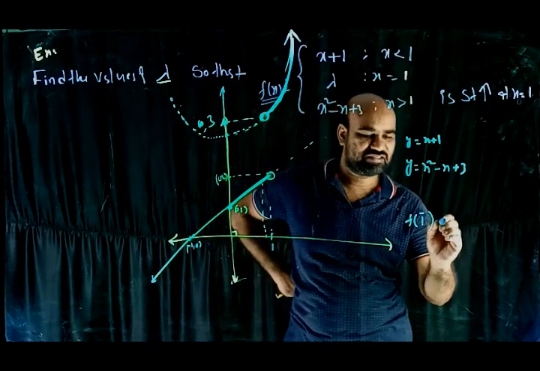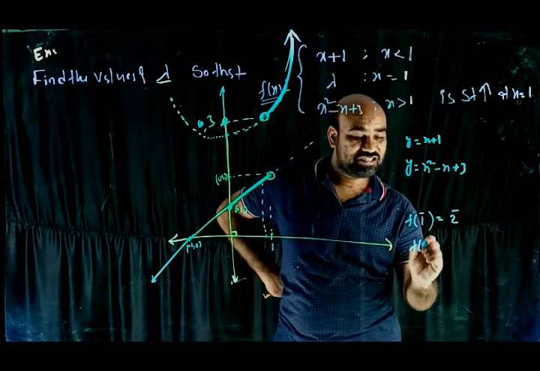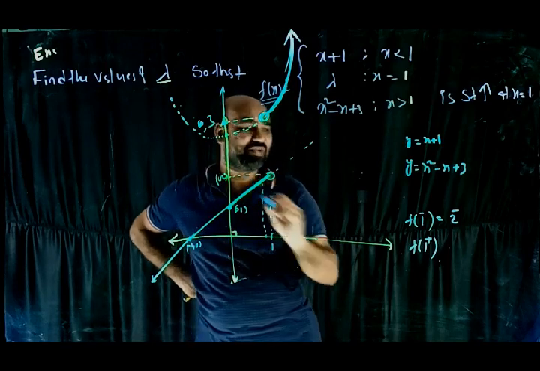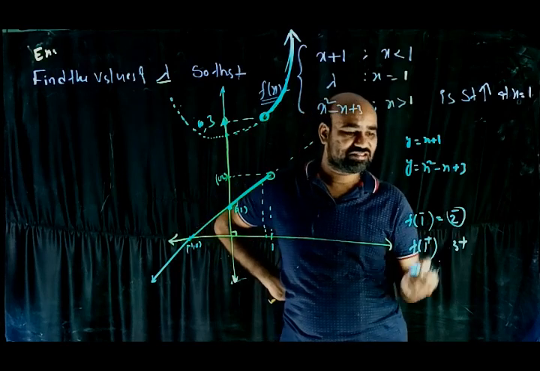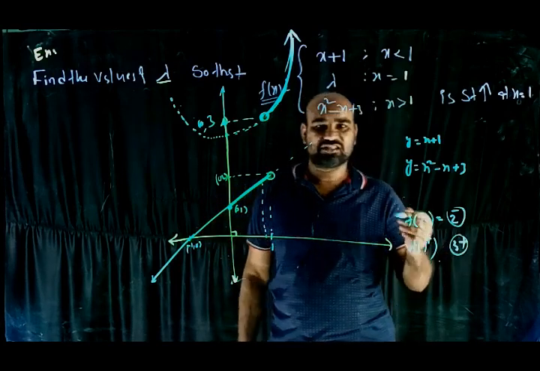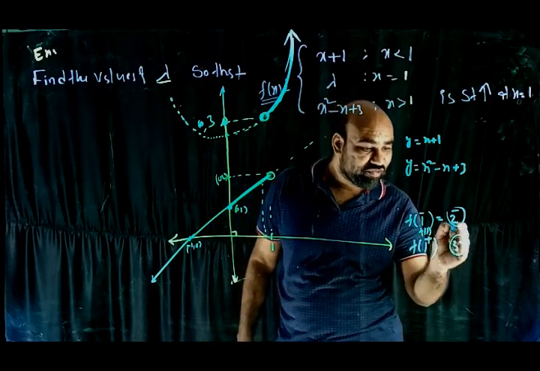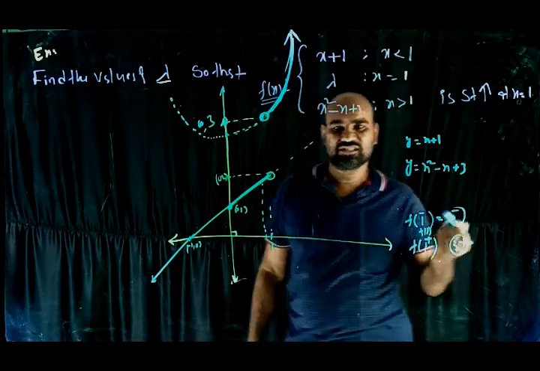I can say 2 minus. What is f of 1 plus? f of 1 plus, I can say 3 plus. So f of 1 minus is 2 minus, nearer to 2. 1 plus means 3, just after 3, which means your f of 1 should be between 2 and 3. Then only the function is increasing.